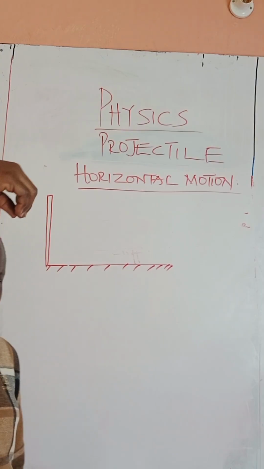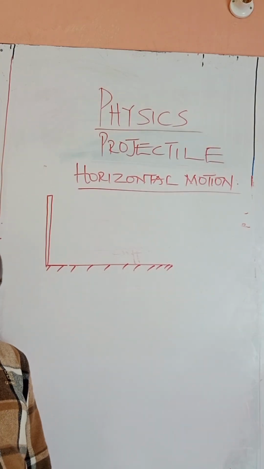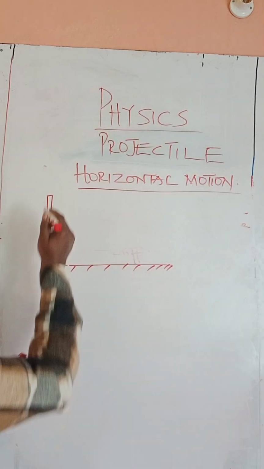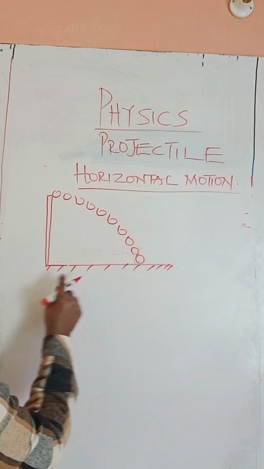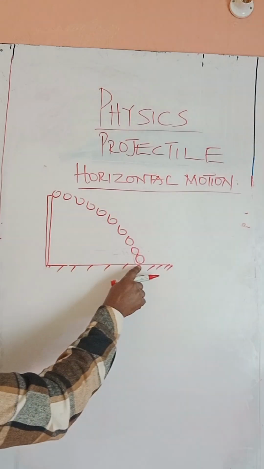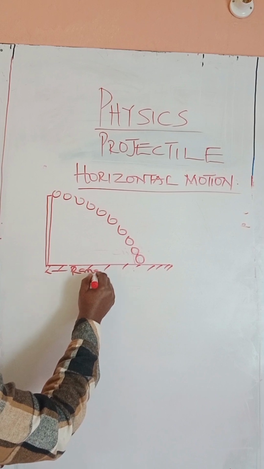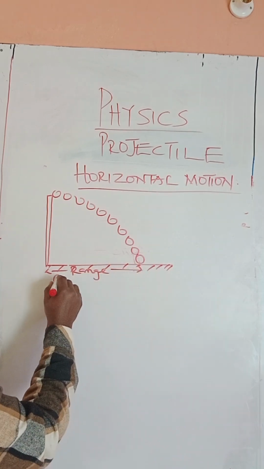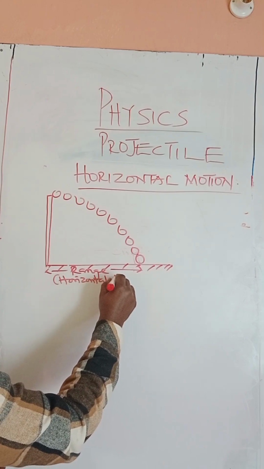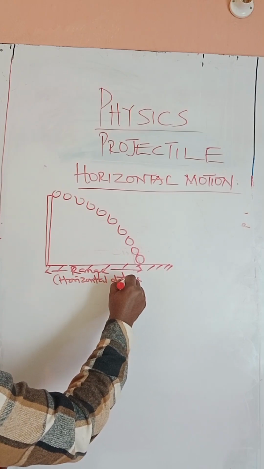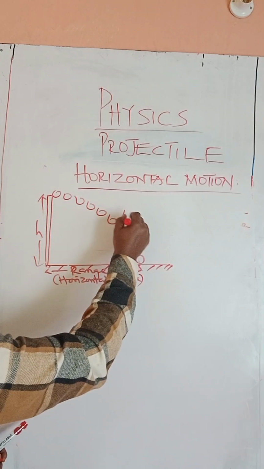There's a difference between when something is dropped downward like this and when it is thrown horizontally like this. Definitely it will cover a distance. This is the point of projection. This is the point of landing. The range is here. This is what we call the horizontal distance. This is the height and this is the time.